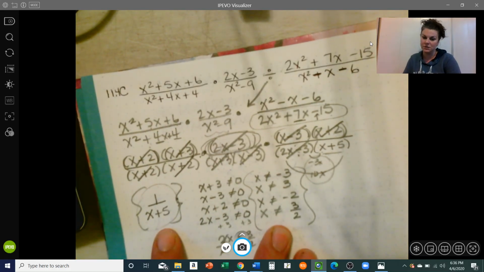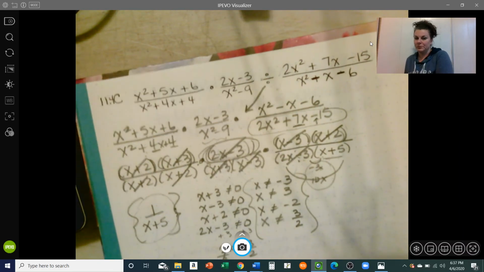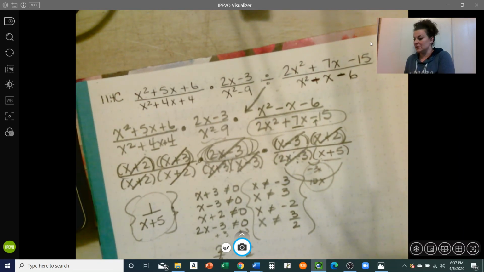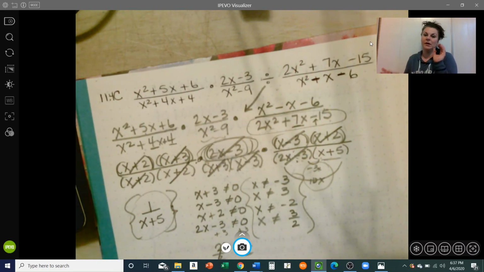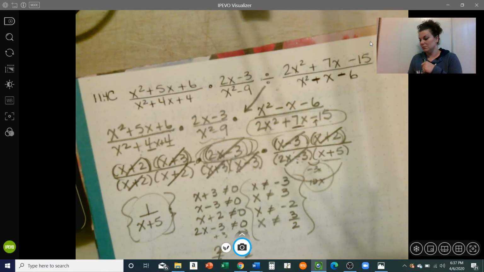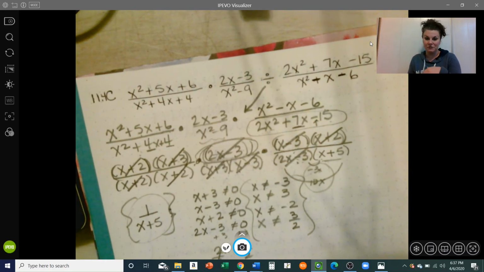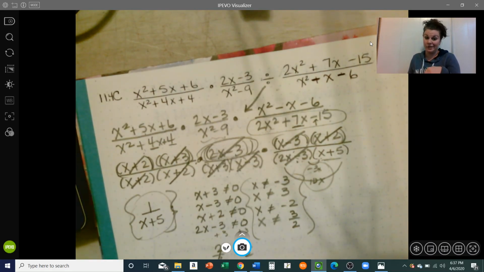So both parts are a part of your answer. So that one had several. Okay? So that's what this lesson is on. Multiplying, canceling things. It's just division. So you have to remember to change your division to multiplication, flip your fraction, and then cancel things after you factor, do all of those things that we've already learned how to do.